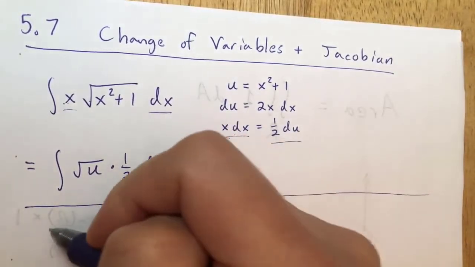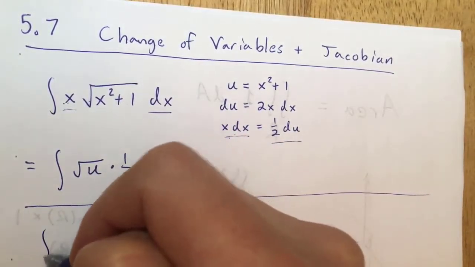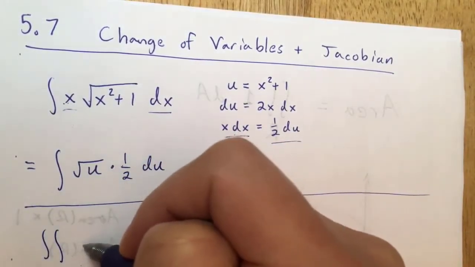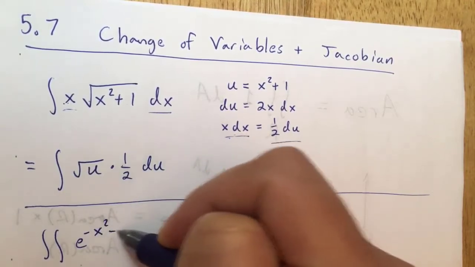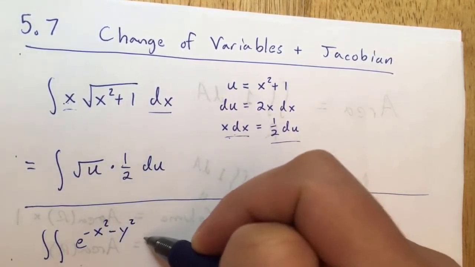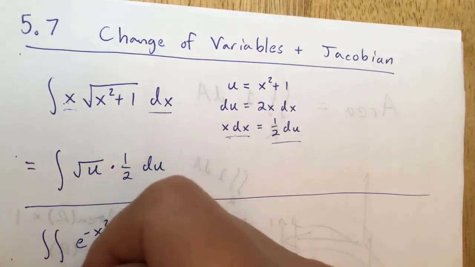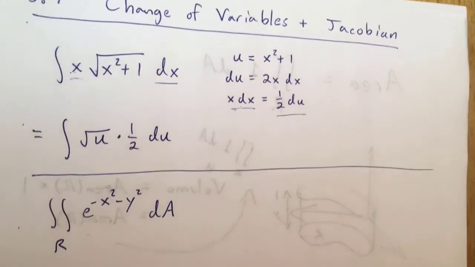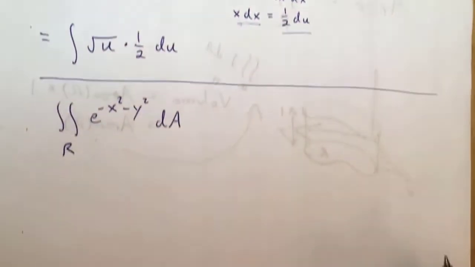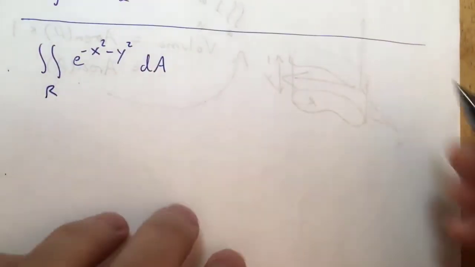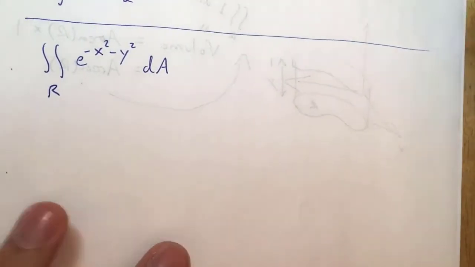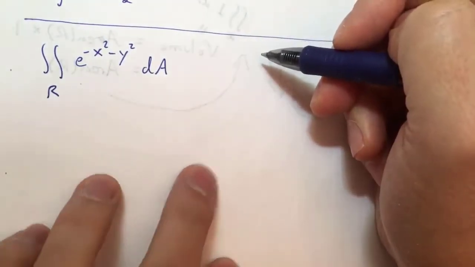Okay, so let's imagine that we have an integral e to the minus x squared minus y squared dA. And I want to go even further with this and describe what region we're integrating over. Okay, so we're going to integrate over a region R. I'm going to describe this region just with a picture.